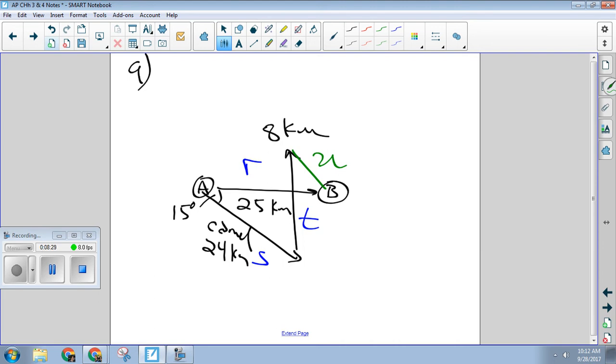Patrick, what do you think? Give me an expression here. Let's not even worry about components. Just tell me in terms of vectors. Vector S plus vector T plus vector U equals vector R. Let's see, do I agree with that? Yes.